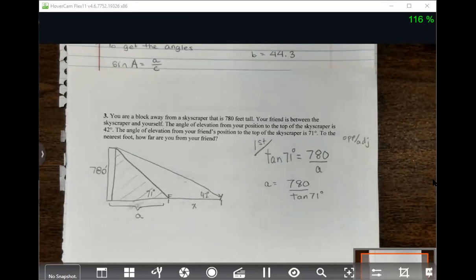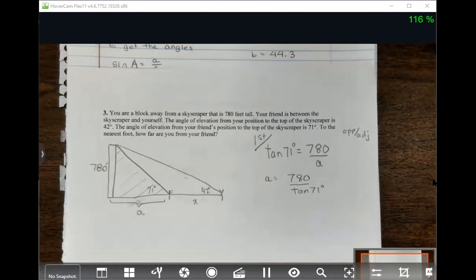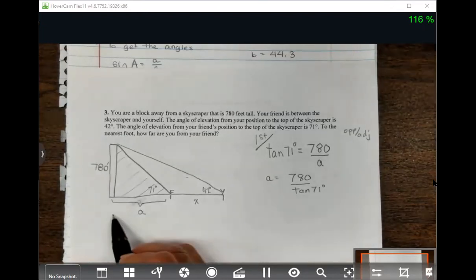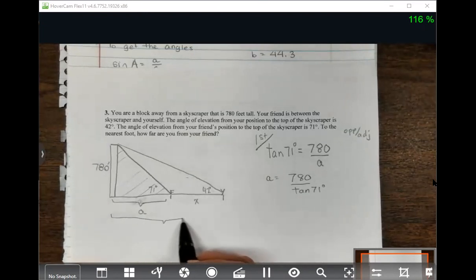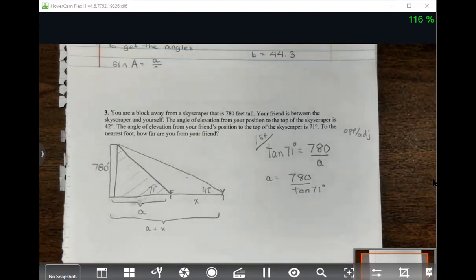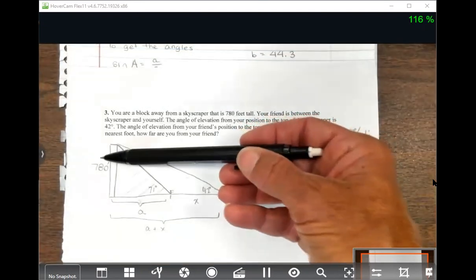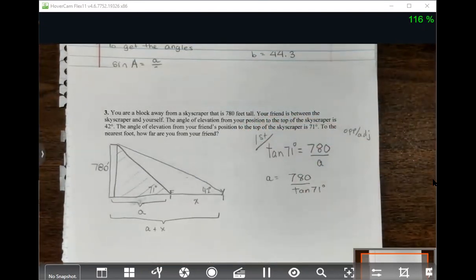The 42 degrees and the 780 and the other side involves looking at the other side as the sum of these two things, right? This side here has a length of A plus X. So I can also say next that the tangent of 42 degrees is 780 divided by A plus X.